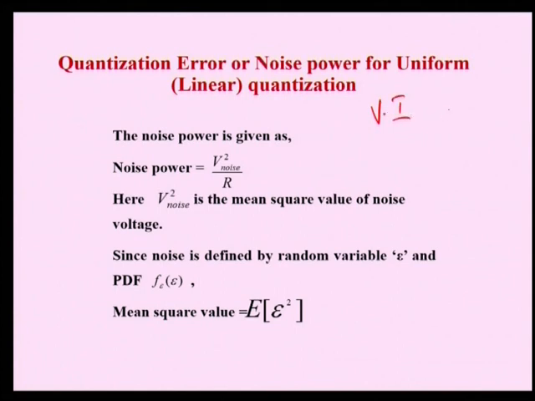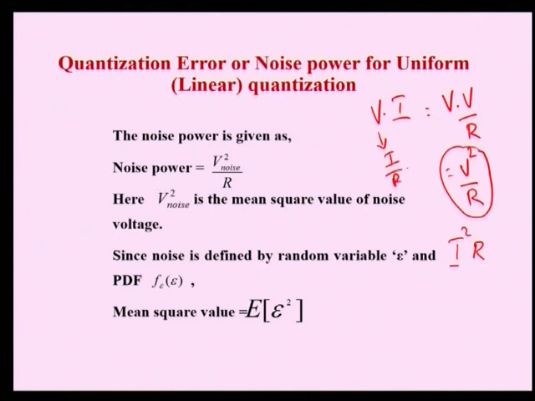But the current can be given as V by R. So, it is V square by R. So, this is one form of representing the power, either the product of V into I, or V square by R, or one more form I square R. If you replace V as I by R, so I by R into I, this gives I square R. So, these are the three forms of representing power.